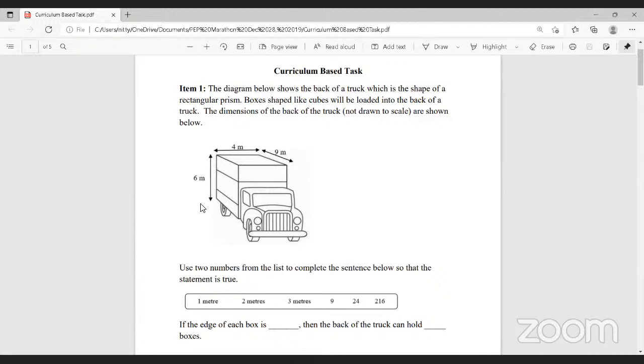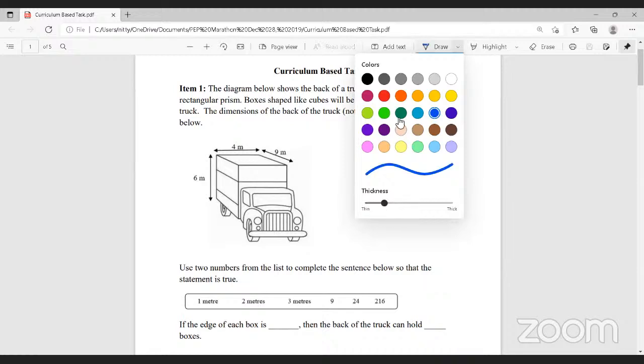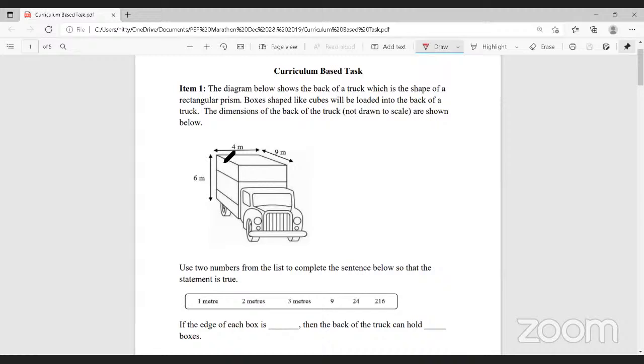So to get volume, we normally multiply or find the product of three dimensions. So based on what we're seeing here, the dimension of the back of the truck would be this. We have one dimension here, one dimension here, and whether we want to call it the height or something, we have another one here, and we can choose to call it whichever we might want to call it.